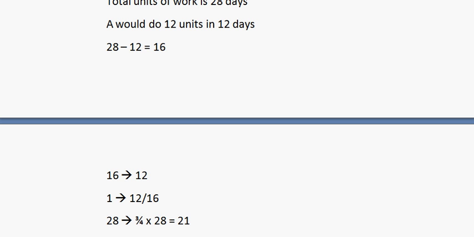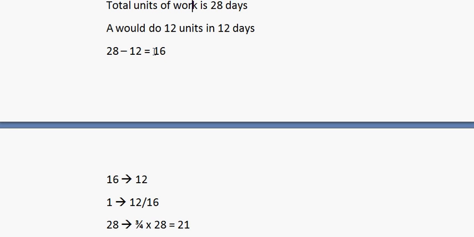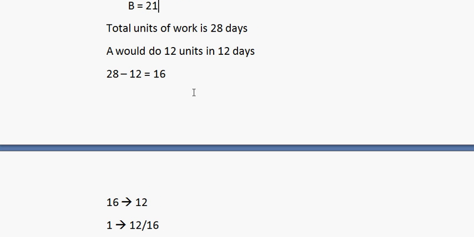Again you see that the calculations were just brought down to the end of this question. You don't have any calculations beforehand, right? So what we have done is we have calculated how much A contributed in those 12 days. Total units were 28, A contributed 12 units, and the remaining 16 units were done by B, right?